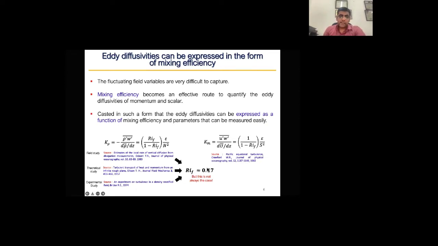But recently, after 2010, a lot of people have argued that that's not the case. There are a lot of inconsistencies in this value. So let us see if we can understand and rectify this particular value of RIF. That is why we are performing this study, and we got some interesting results which I'm going to share.